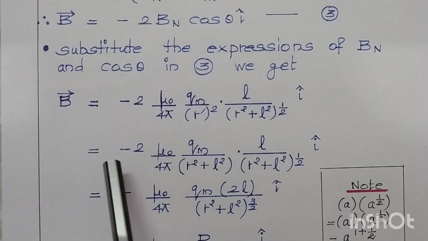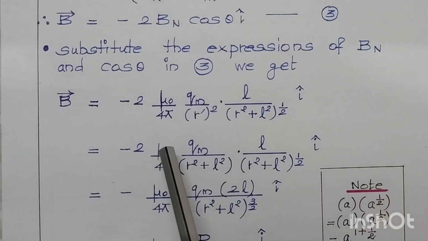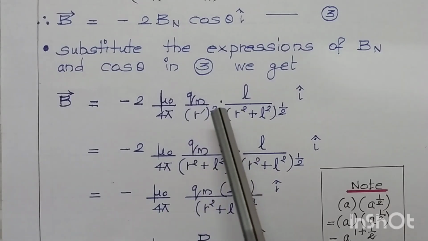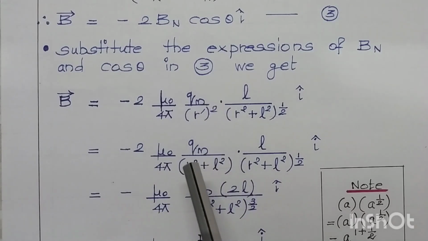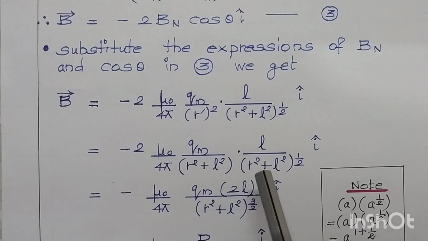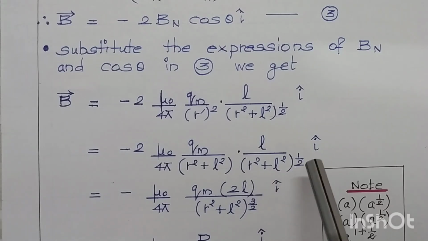In the next step, minus mu naught by 4 pi Qm by, we have already found out the expression for r dash square, that is r square plus L square, into L by (r square plus L square) to the power of 1 by 2 into I cap.